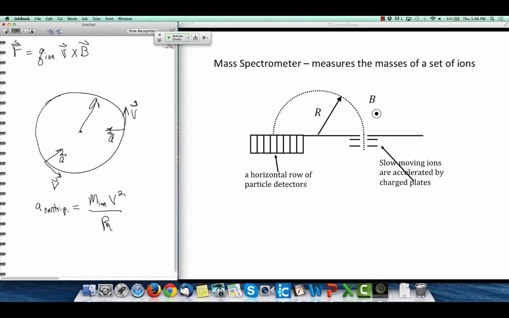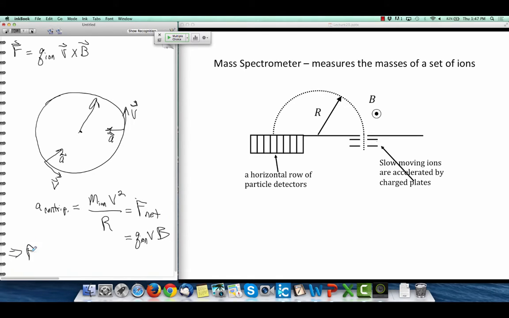So that's from 9a. Also from 9a, that better equal the net force, and the net force is just the ionic charge times V times B. And so this gives you an equation for R. This is Newton's second law.